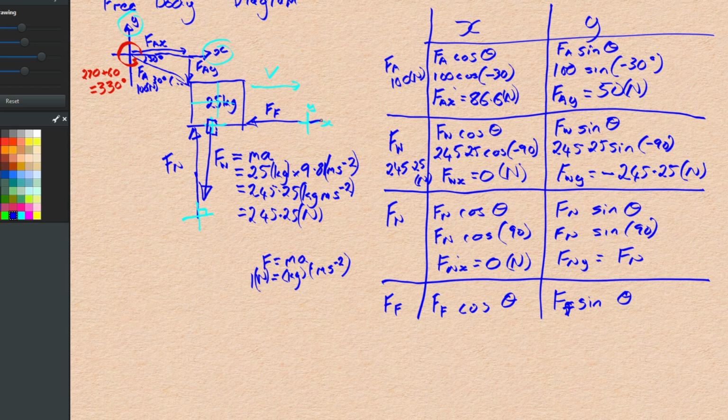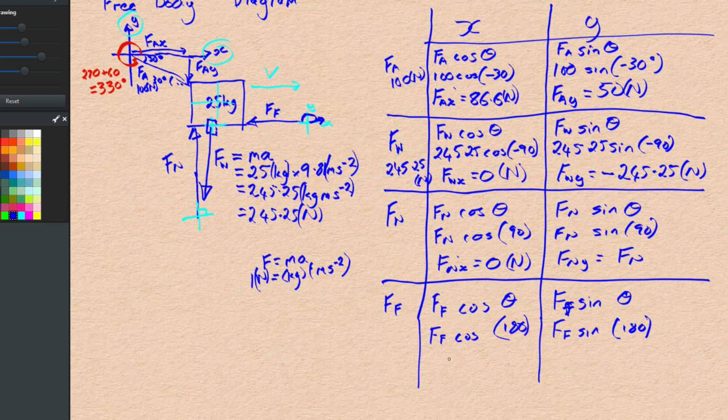Over here, from the x-axis, positive going around, that's 90, that's 180. So my angle here is going to be 180 degrees. My friction force, cos of 180, and my friction force, sine of 180. Okay, cos of 180.